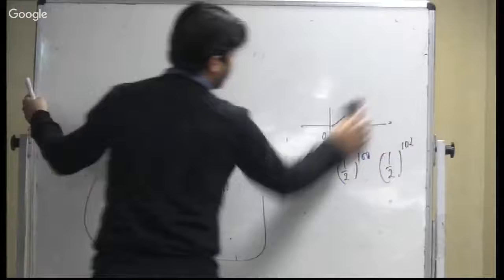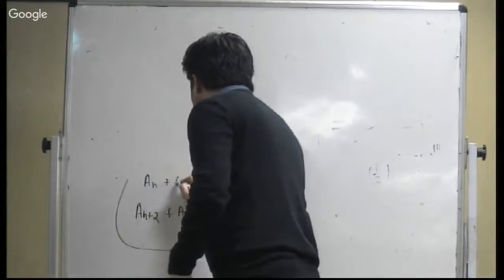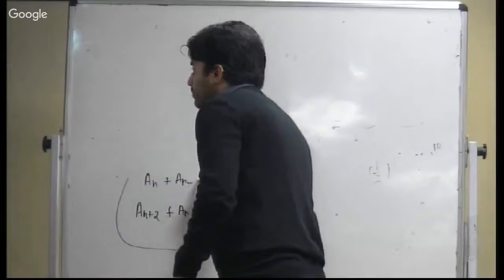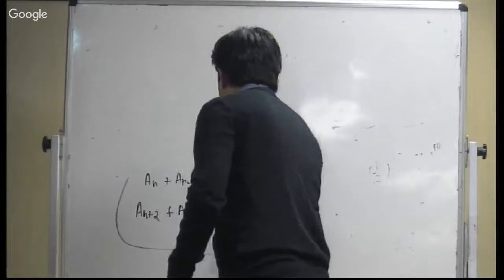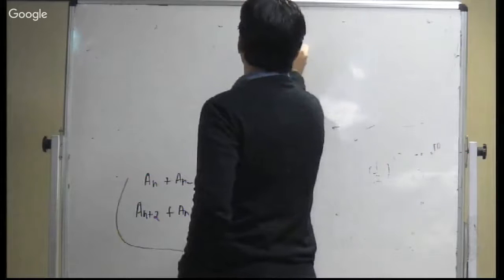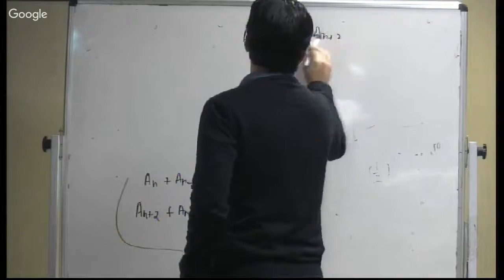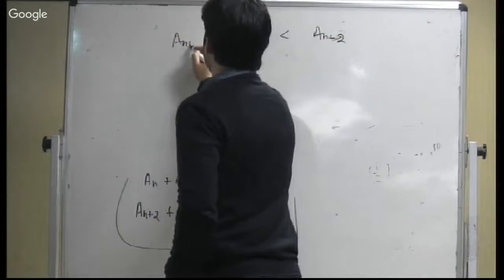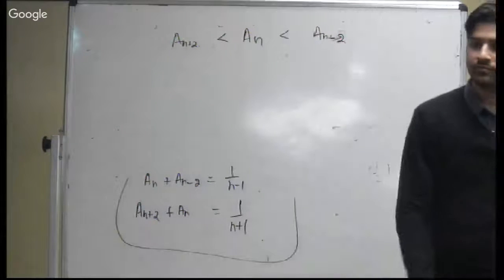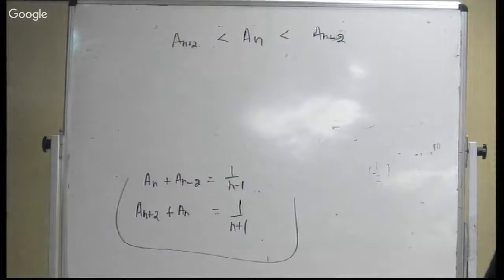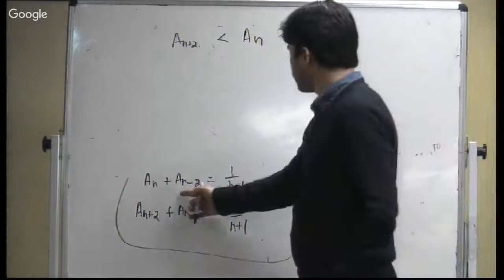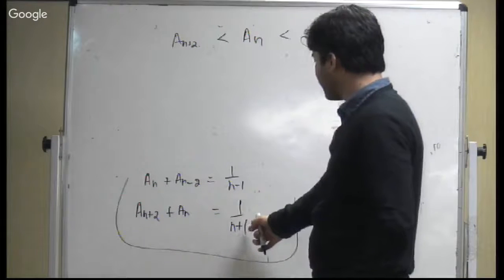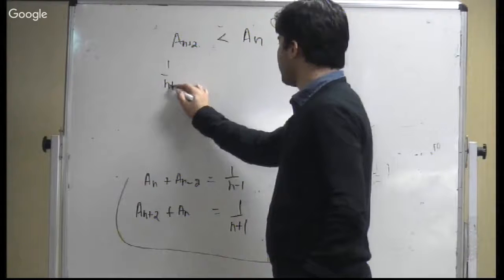So I can say an, can I say this? I can say it easily, comfortably. So an plus 2 can be written as 1 upon n plus 1.